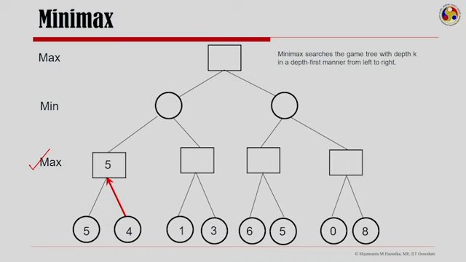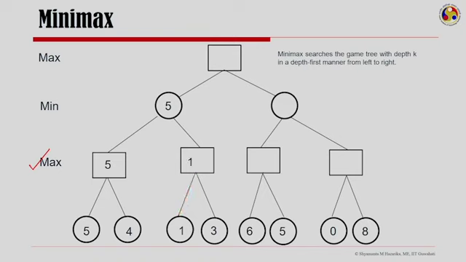We work with the maximum because this is max. So this is backed up one more time and min has a 5 there. Now one level down it goes there, comes back to the leaf node and 1 is backed up.